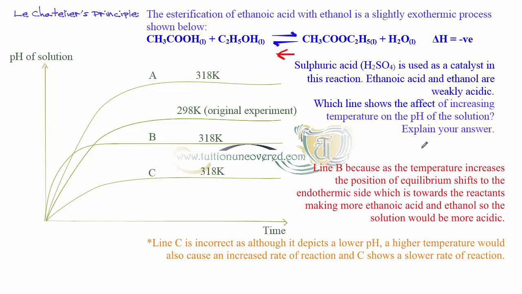To oppose the change of increasing the temperature, position of equilibrium would shift to the endothermic side, to the left, making more of our acidic reactants, causing the pH to decrease. Of the two options B and C, B is correct because it also shows an increase in rate. C did not show an increase in rate because the temperature has increased, as I've explained at the bottom here.